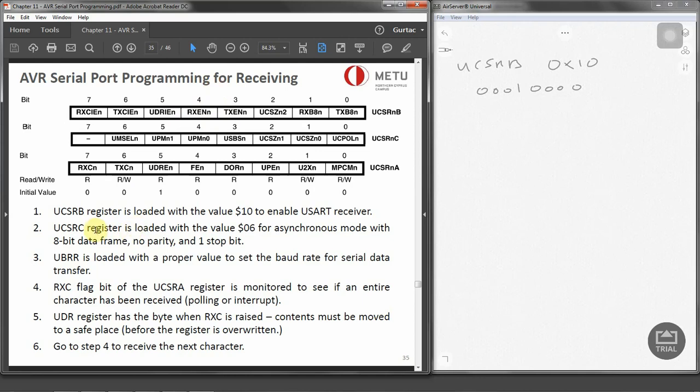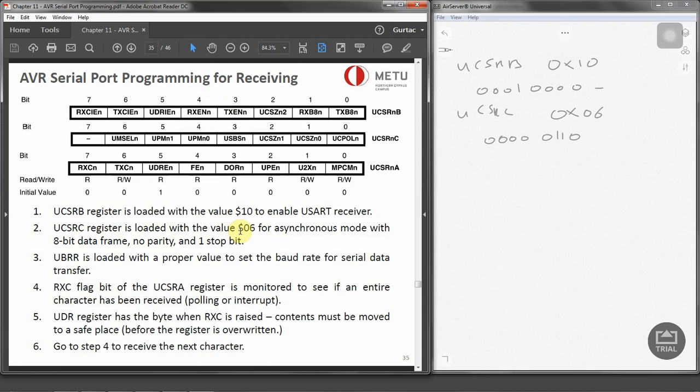Then the second point, UCSRC is loaded with the value 0x06. So 0000 0110.